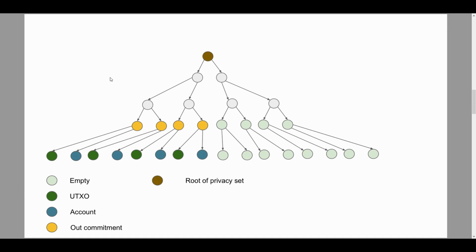So how does it work? We just publish our output commitments into our Merkle tree, and when we spend some UTXO, we update our account and increase the right border of the interval, and all UTXOs inside the interval are considered spent.